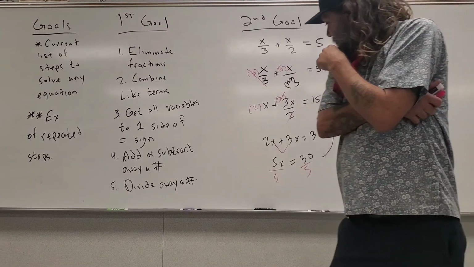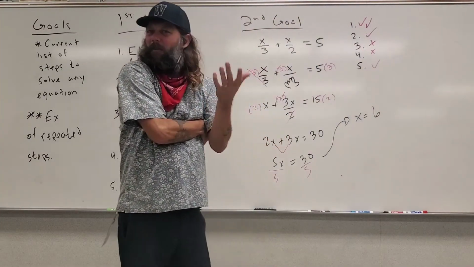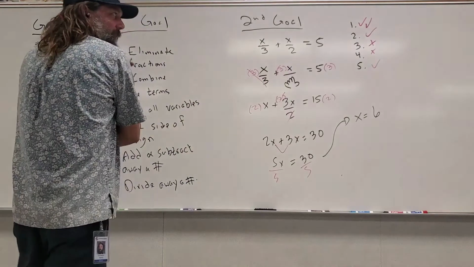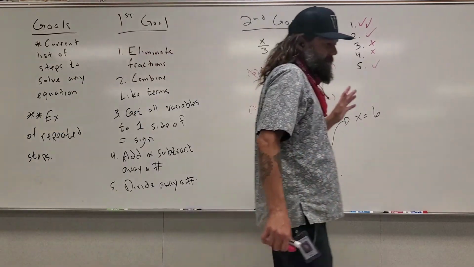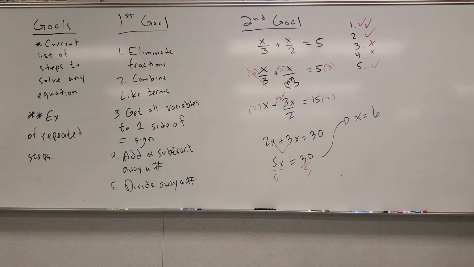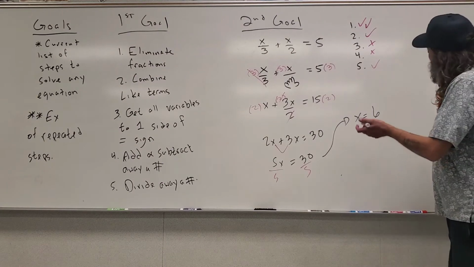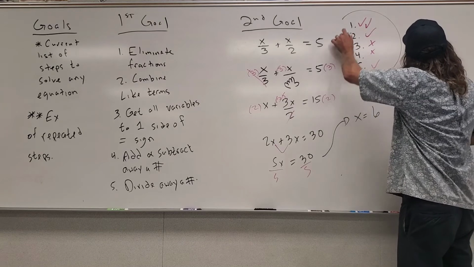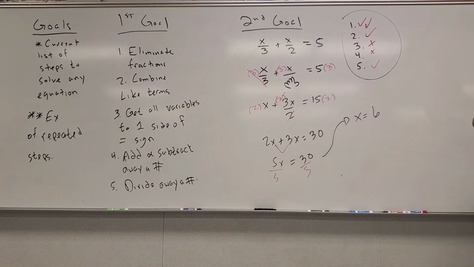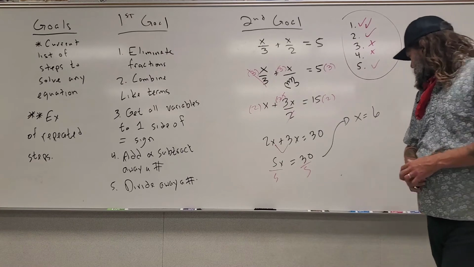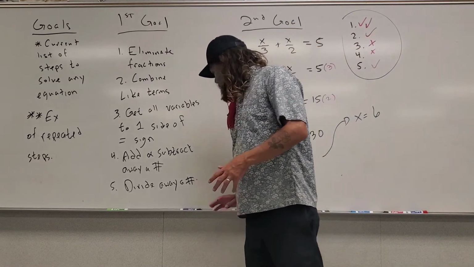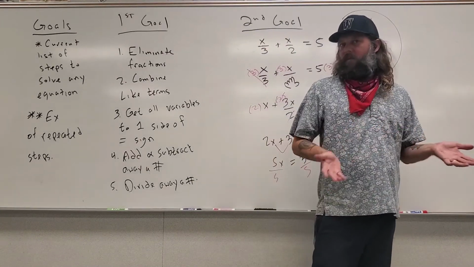I will post the assignment with this, where there'll be a couple of repeating problems. If I were you and wanted to make sure I was getting the hang of using these steps, and you can solve them in a different order, I'd get in the habit of writing 1 through 5, and then eventually 1 through 6, and marking off whether you did each one or not, because it becomes what we call an algorithm, which is a set way to solve a problem.